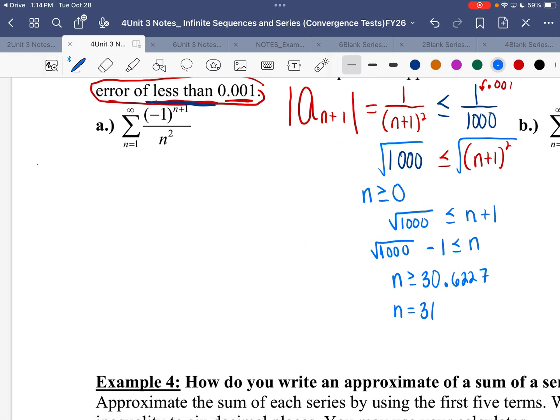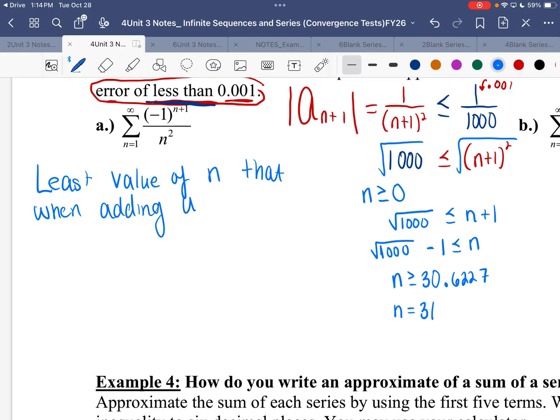So what we just found was we wanted the least value of the actual infinite thing.